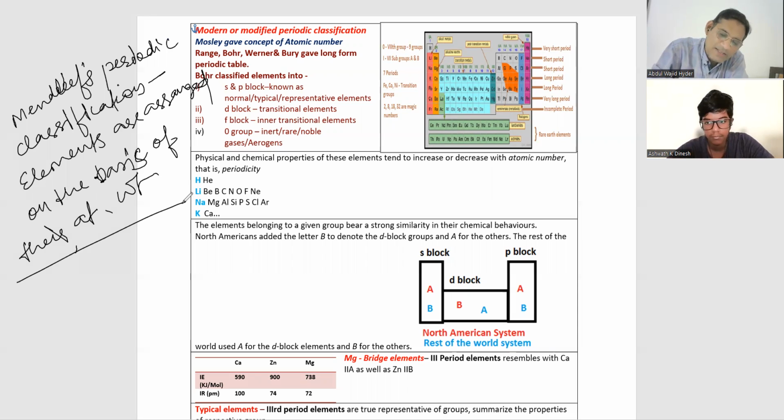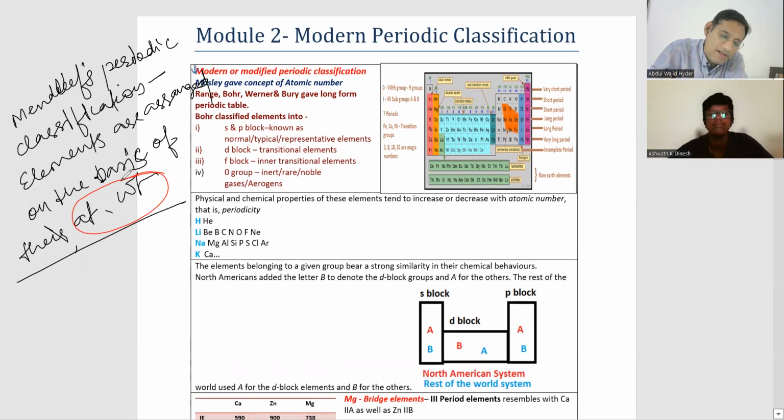What is modern periodic classification? Instead of atomic weight, it is based upon atomic number. According to the modern or modified periodic classification, elements are arranged on the basis of their atomic numbers. And who gave this modern version?